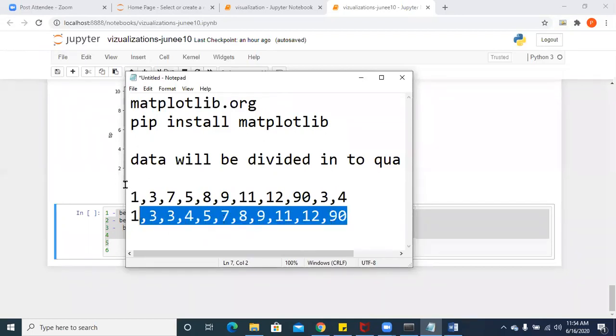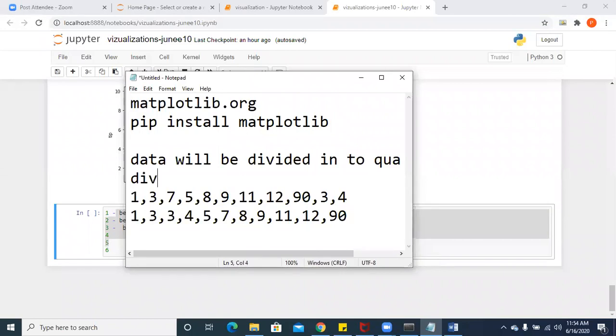Now, dividing it into quartiles. If the data is like this, first it gets sorted.